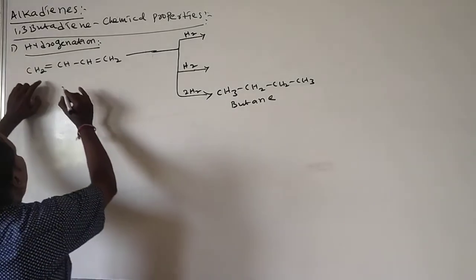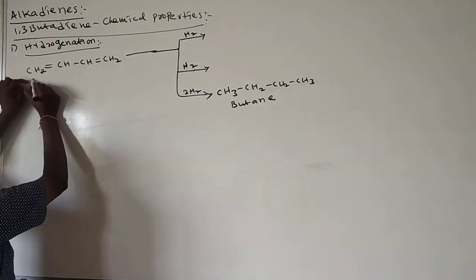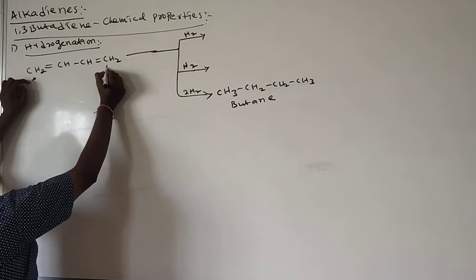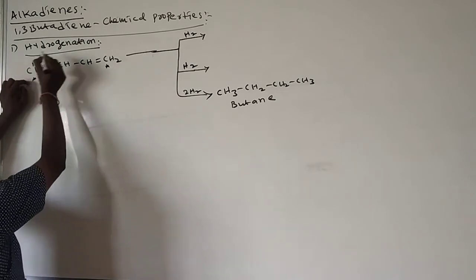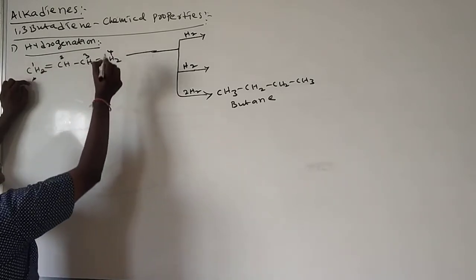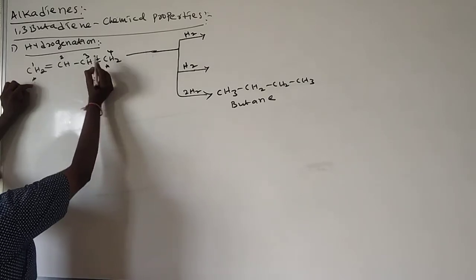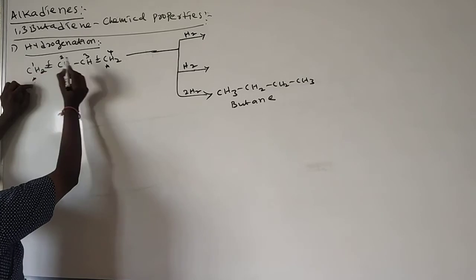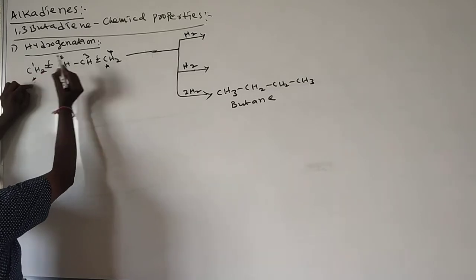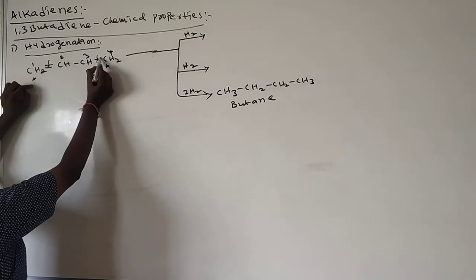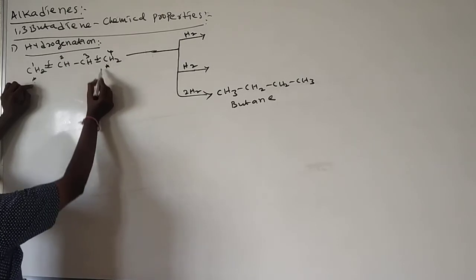If hydrogen is added at the first carbon and the last carbon, give the numbers 1, 2, 3, 4. Hydrogen added at the first carbon and last carbon, it will break. Here we have the electron. This electron reacts with hydrogen.